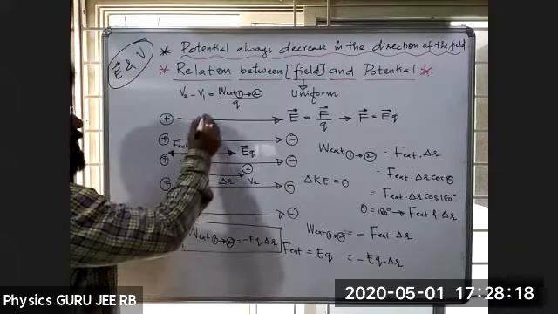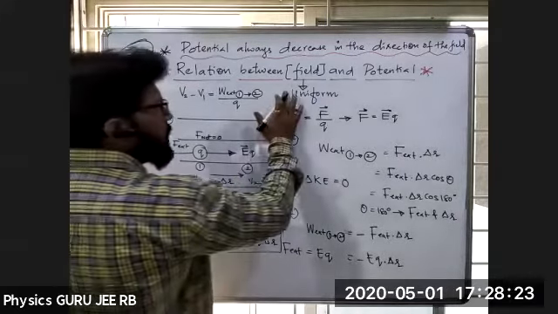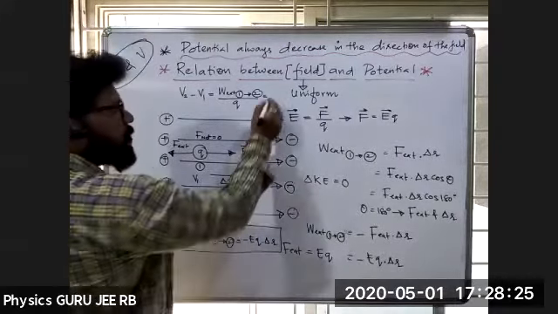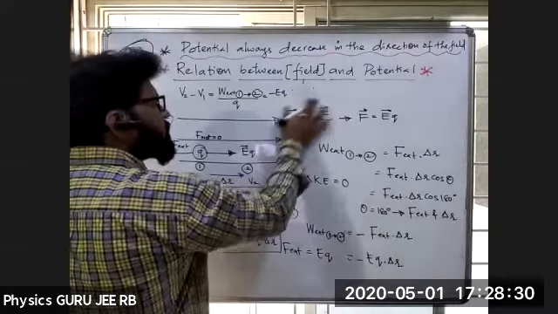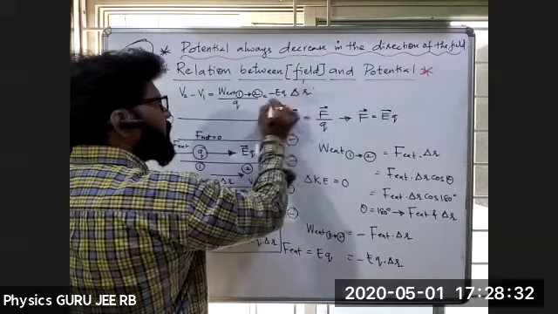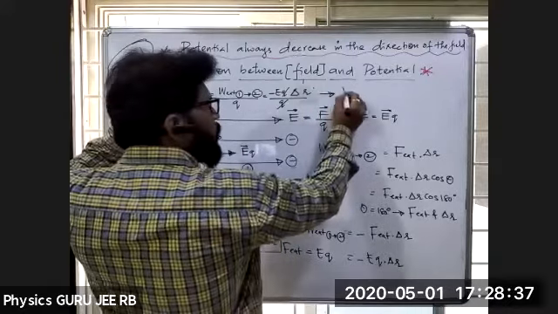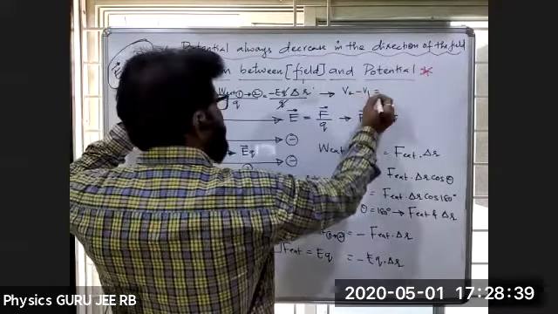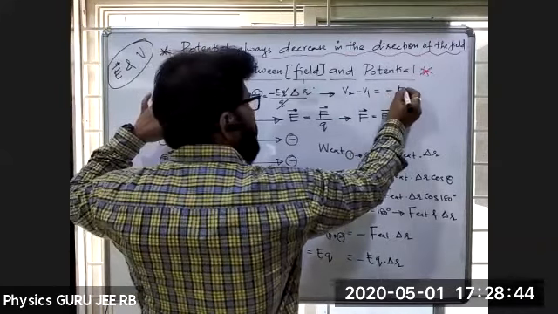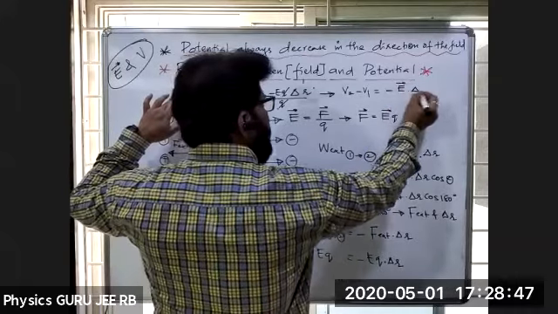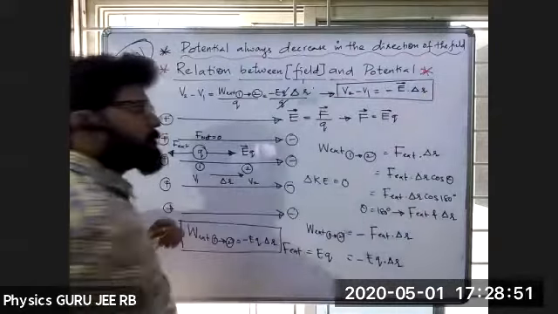Then what I get here is minus EQ into delta R divided by Q. Q cancels with Q. So we are getting V2 minus V1 is equal to minus E into delta R. So this is the final expression we got, right?